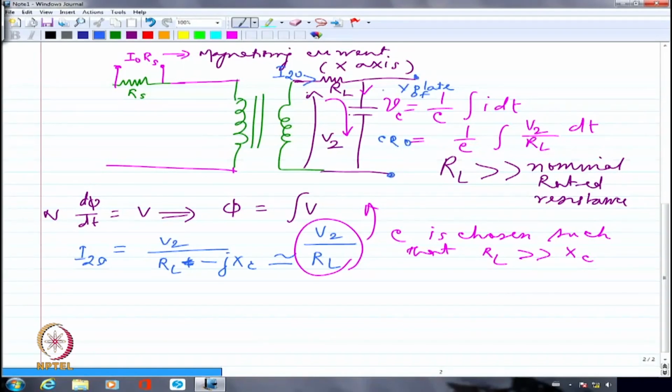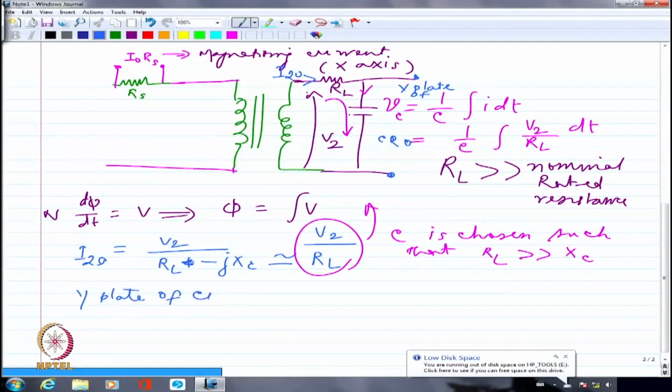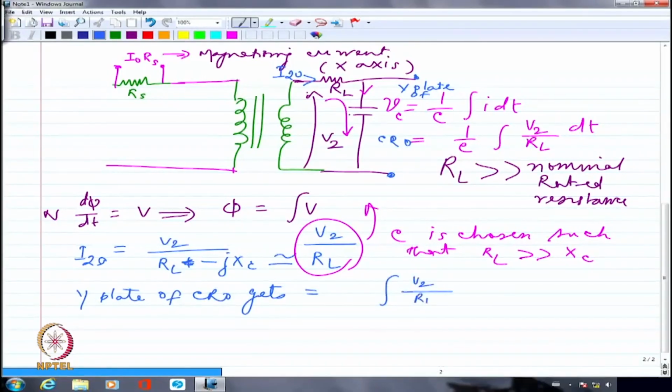So what I am getting across the Y plate of the CRO, I can write as: the Y plate of CRO gets basically the integral of V2 divided by RL and 1 by C dt. This is actually equal to phi divided by N, right?